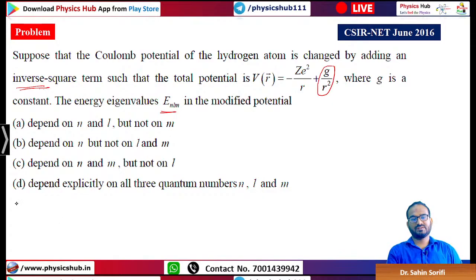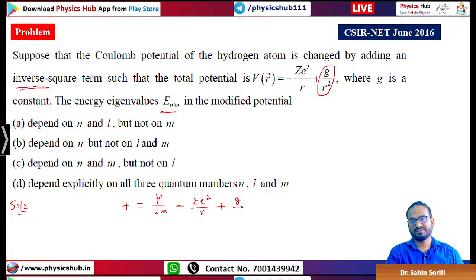Actually this is a perturbation question. Perturbation we will be doing next. For the time being, just know this: the Hamiltonian of the hydrogen atom, potential energy is minus Ze square by r, and the kinetic energy is p square by 2m. So this was the Hamiltonian for hydrogen atom, but here you see G by r square has been added.